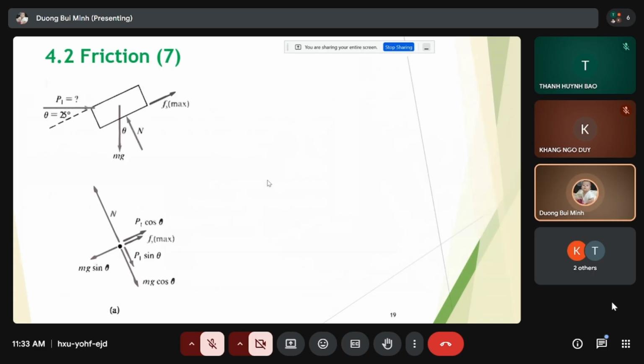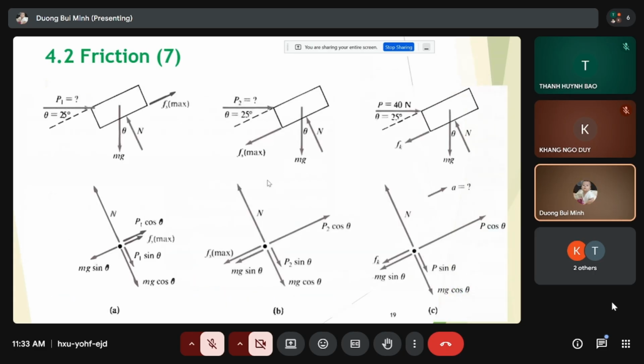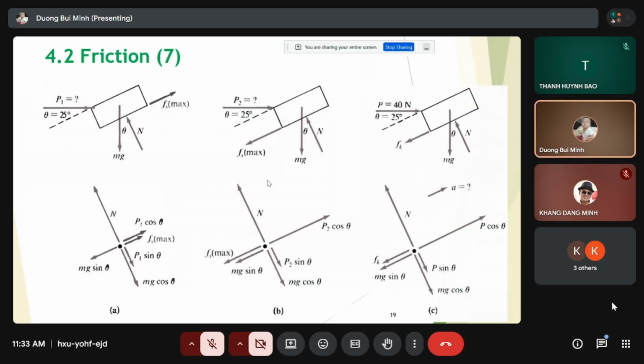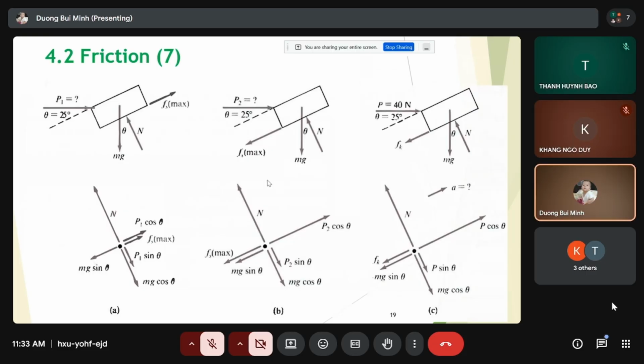Okay. Now we consider B2. What is B2? We consider this one. We calculate the upper boundary.